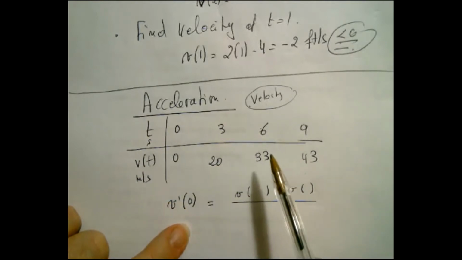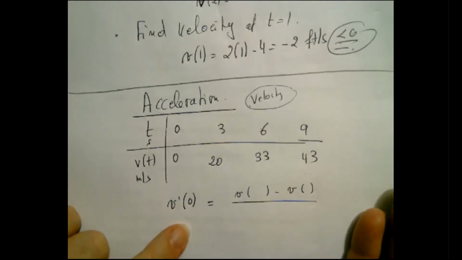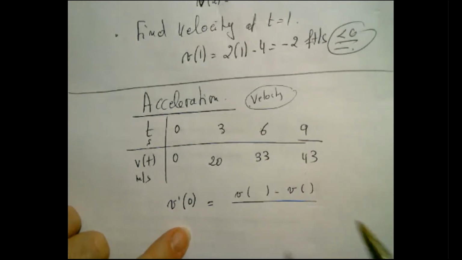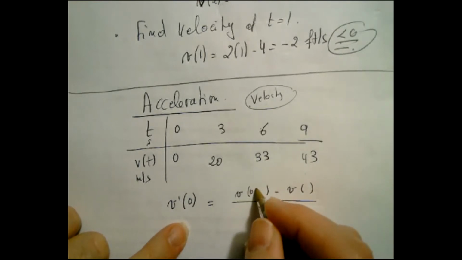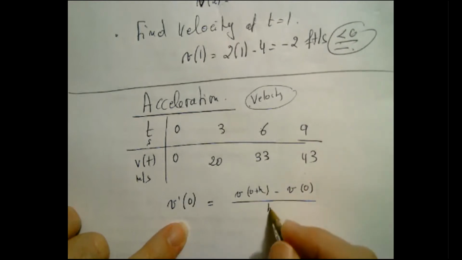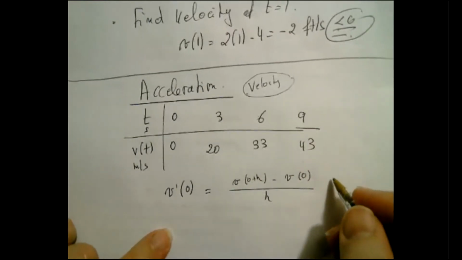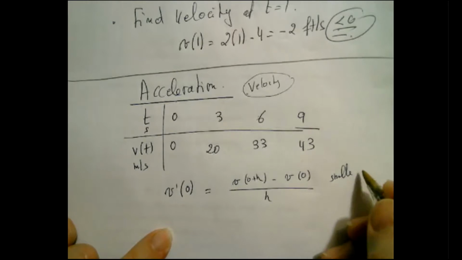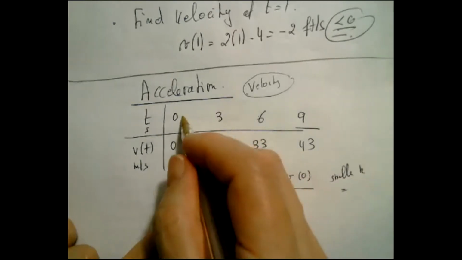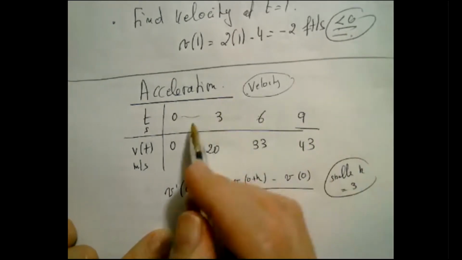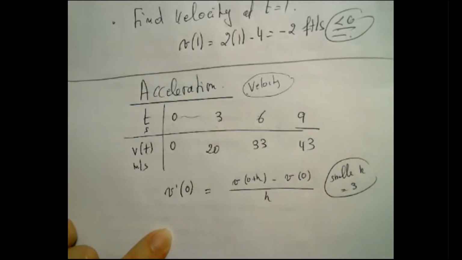Now in this problem, I don't have a formula and I don't have anything. So if I want to take v of 0 plus h minus v of 0 over h, the smaller h I have, the smaller h here is actually 3, because I don't have any other input.